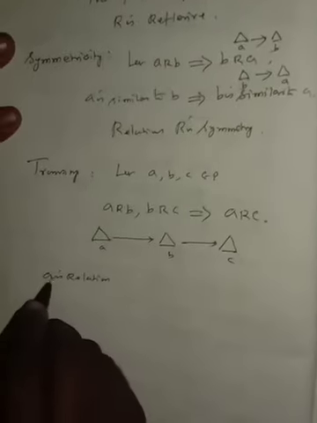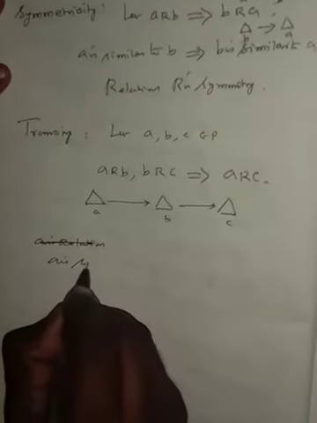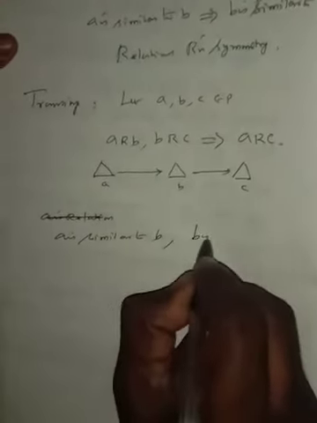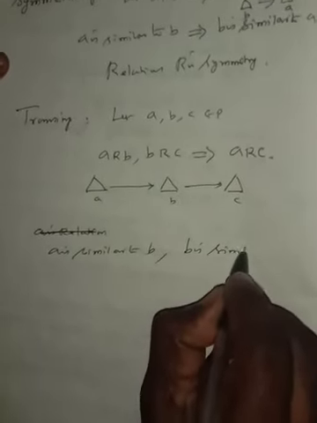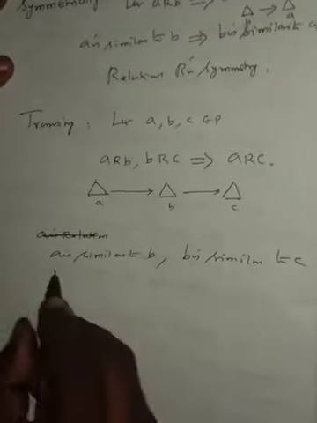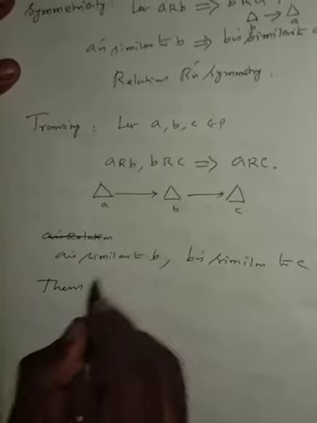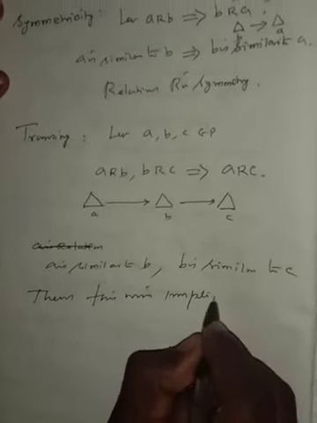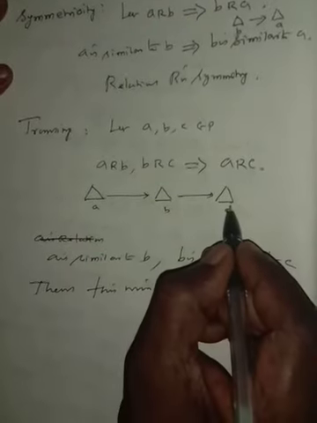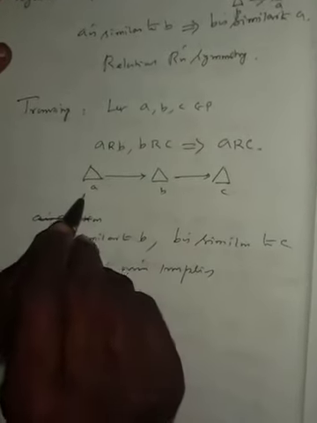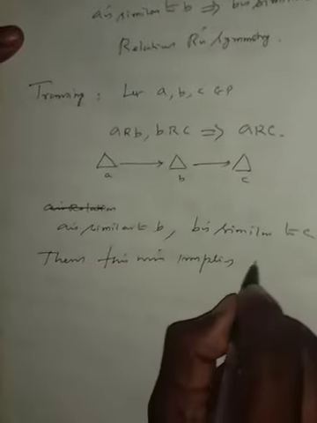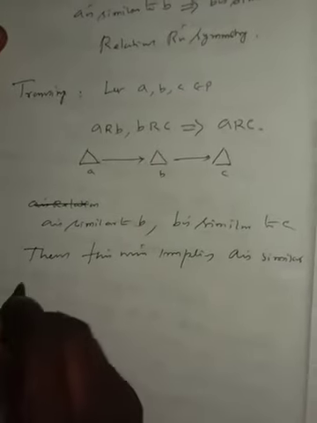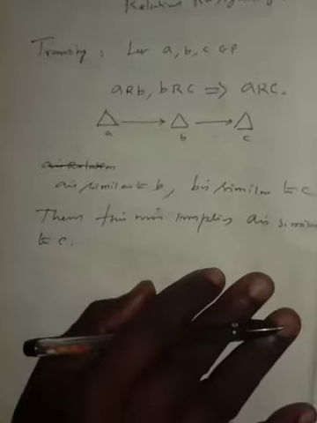So A is similar to B, B is similar to C, then this implies A is related to C. So A is similar to C.